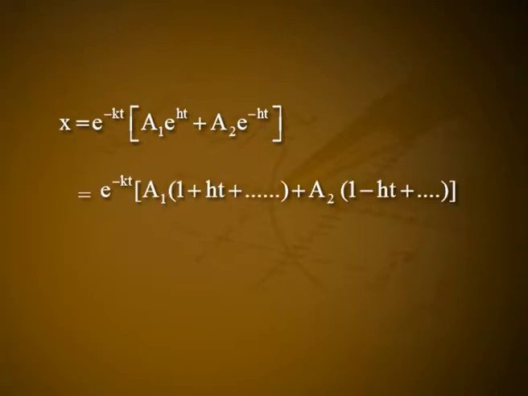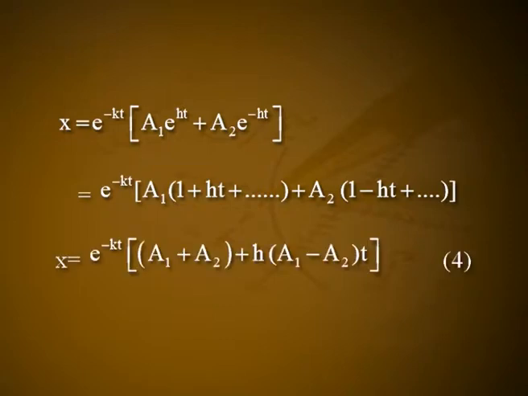which is a small quantity. Substituting in equation 3, x equals e raised to minus kt into a1 e raised to ht plus a2 e raised to minus ht, which equals e raised to minus kt into a1 into 1 plus ht plus etc. plus a2 into 1 minus ht plus etc. x equals e raised to minus kt into a1 plus a2 plus h into a1 minus a2 into t.